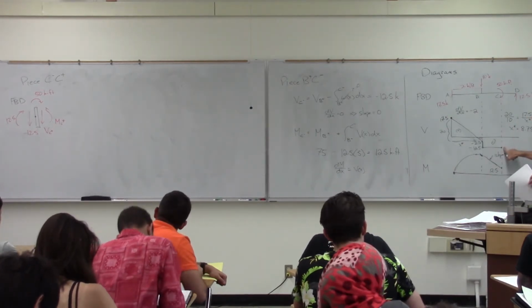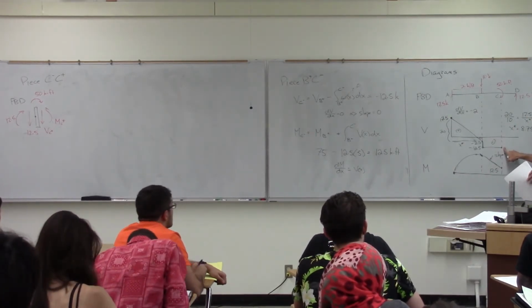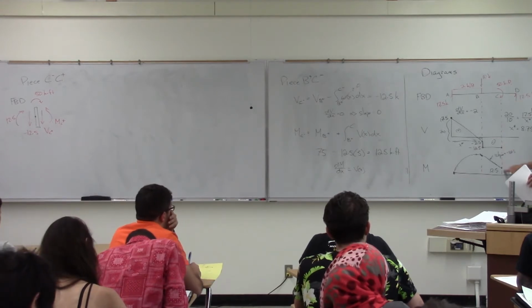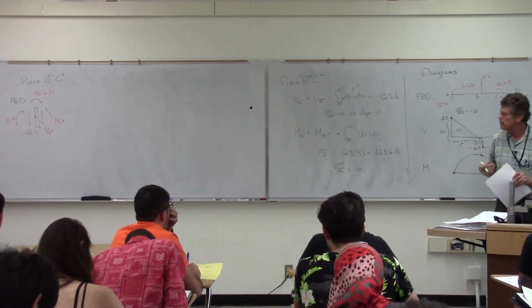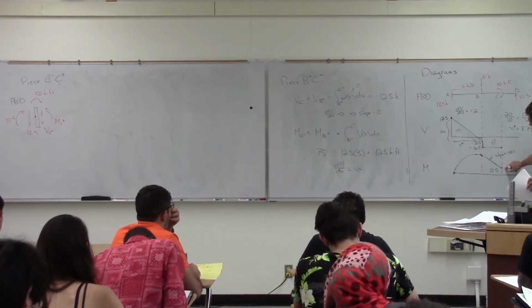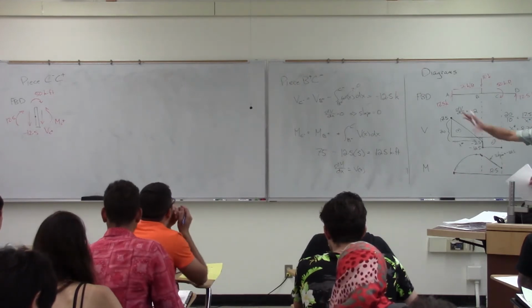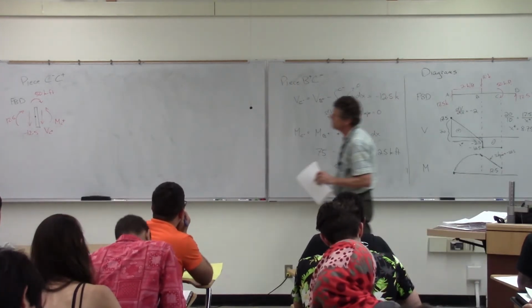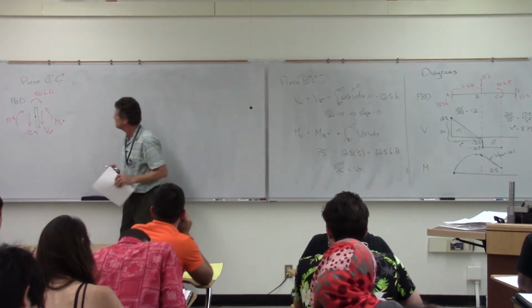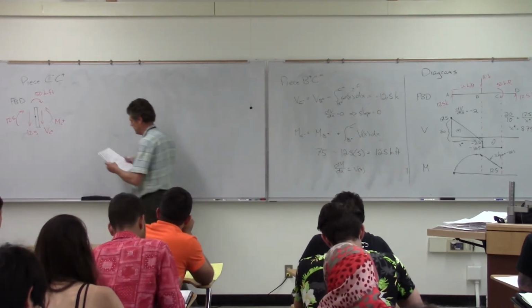My shear is now jumped down to 12.5. It's not the 2.5 anymore. And my moment happens to be a positive 12.5, but that's in kip feet. And then I apply that concentrated couple of 50 kip feet in a clockwise direction there.